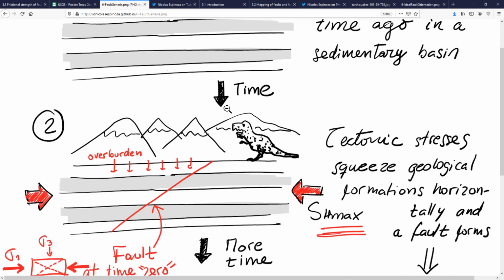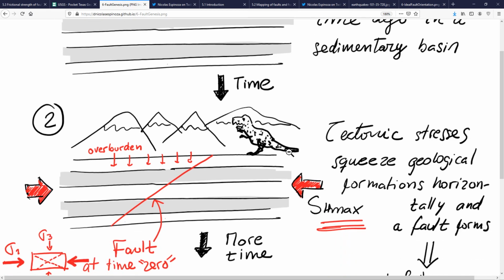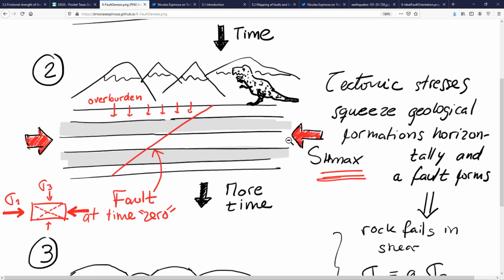Let's say that some time passes by and we have some mountain building around this region, but also, most importantly, we have tectonic strains which are applied in horizontal direction so that my maximum horizontal stress gets very high and actually gets higher than the vertical stress.